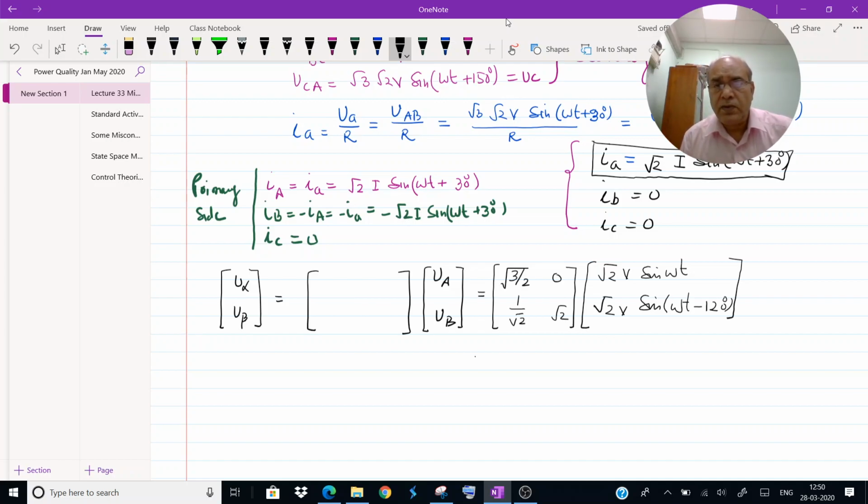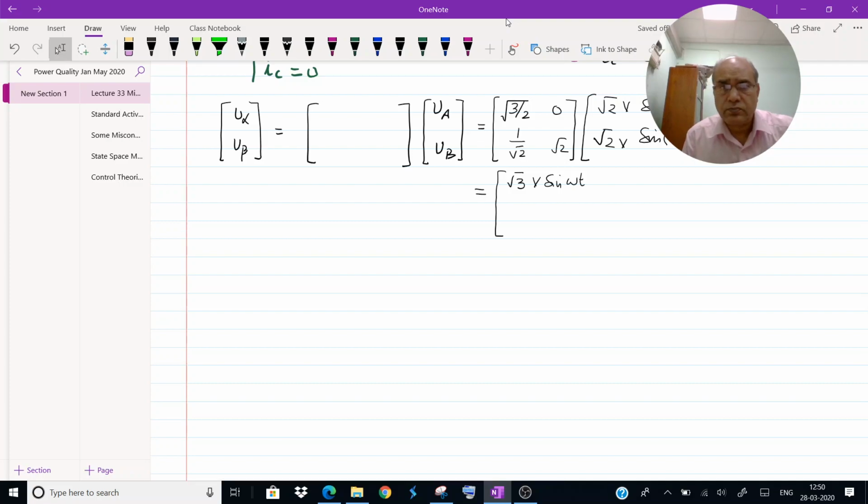The first one is simple because this is nothing but the product of root 3 by 2 into root 2, which becomes root 3 V sine omega t. The second one is root 2 into this plus root 2 into this. Okay, so we need to sort it out. I will do some calculation on this side.